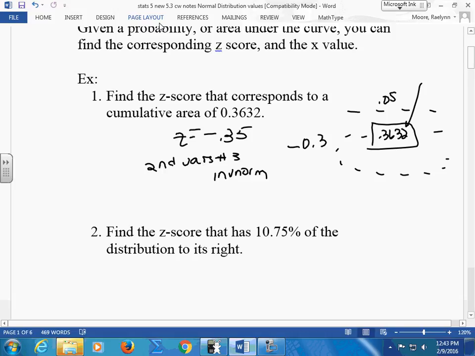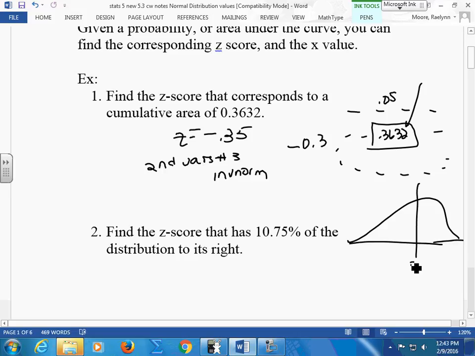Okay, now, another way you might look this up is they give you a percent. They say find a z-score that has 10.75% of the distribution to the right of that number, to its right. So, on my normal curve, where would I find 10.75% to the right? On the left side or the right side of this graph?